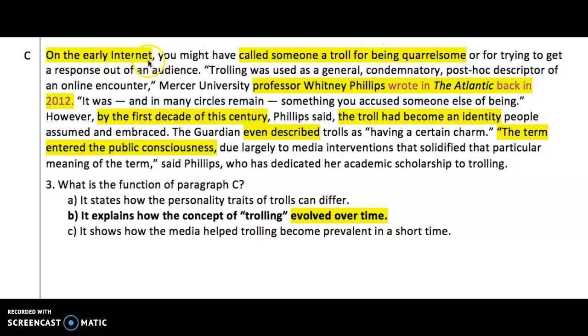So in the early days of the internet, it was called for someone for being quarrelsome. Then it became an identity, and finally the term entered the public consciousness. So we can say that the concept of trolling evolved, which means changed over time. This paragraph explains how the concept of trolling evolved over time.